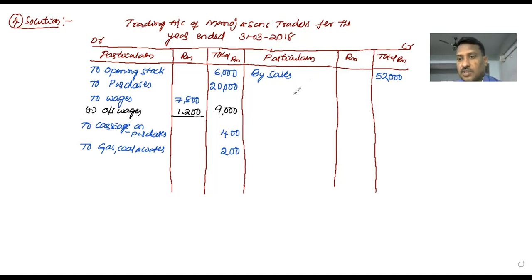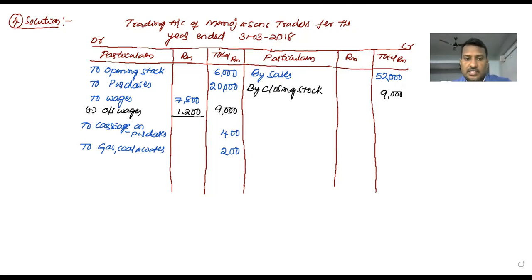By closing stock, which is an adjustment, 9,000. The goods sold are called sales, and the stock which is unsold is called closing stock. Only two items in the trading account on the credit side.